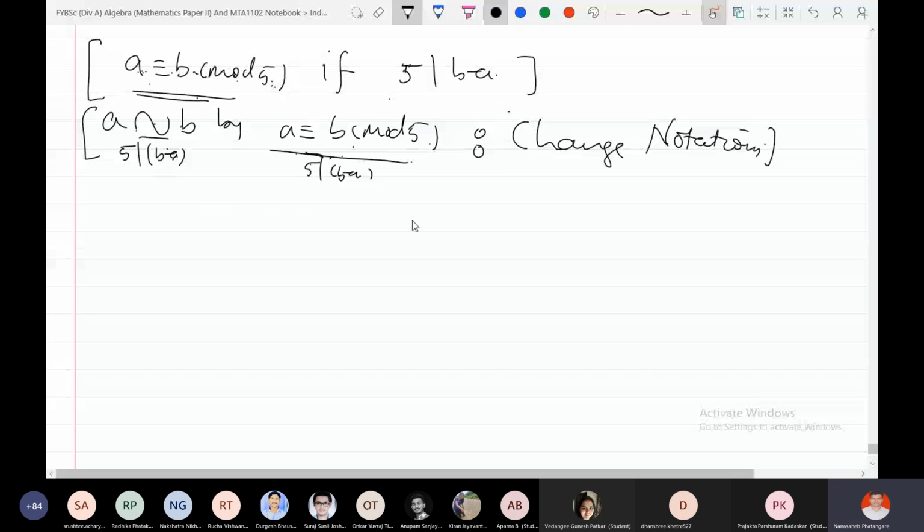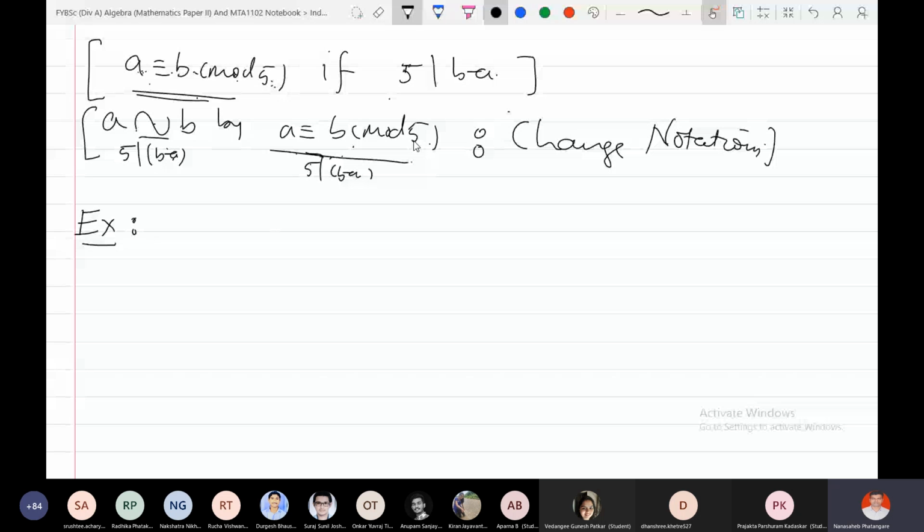I want to generalize this and study this in more detail. But before that, you do one thing. Can I change 5 to some other number? Yes, sir.